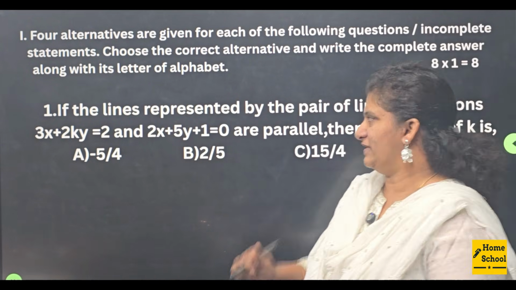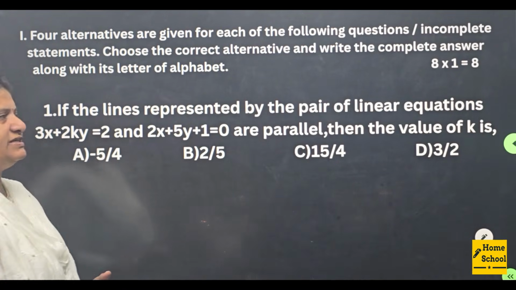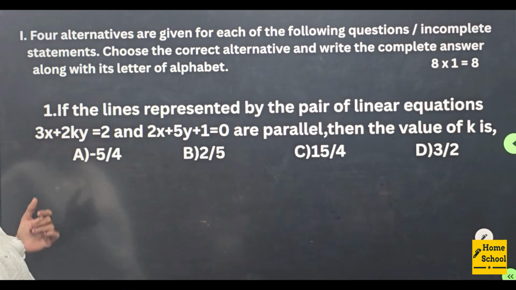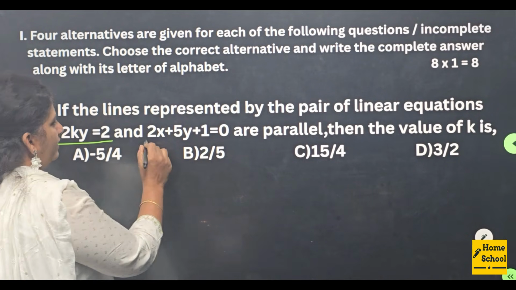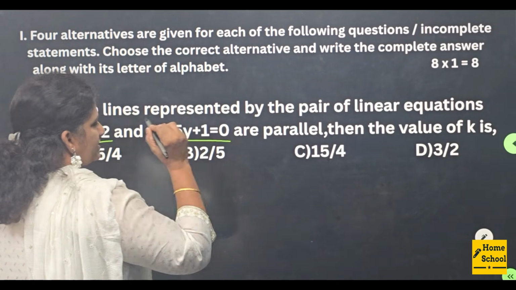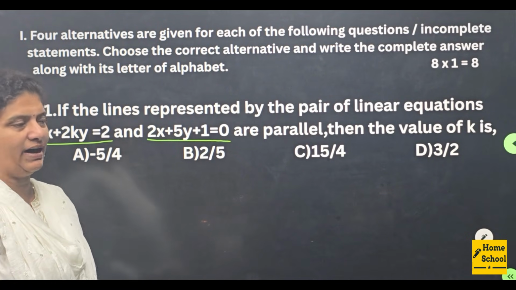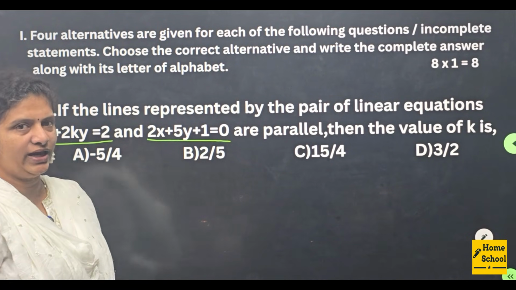Right? First one. If the lines represented by the pair of linear equations 3x + 2ky = 2 and 2x + 5y + 1 = 0 are parallel, then the value of k is.